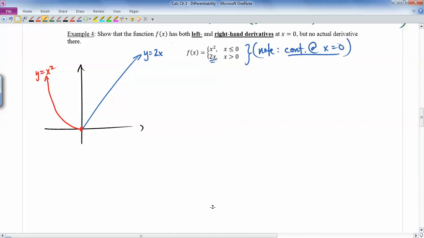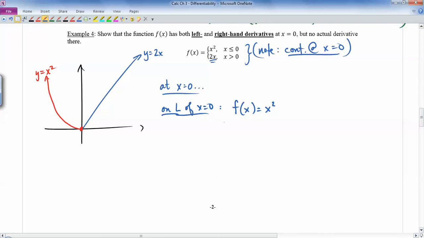So let's look at the left and right-hand derivatives around 0. On the left side of x equals 0, we've got f of x equals x squared.